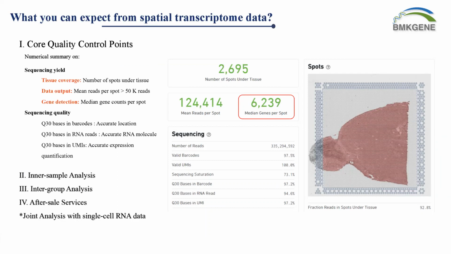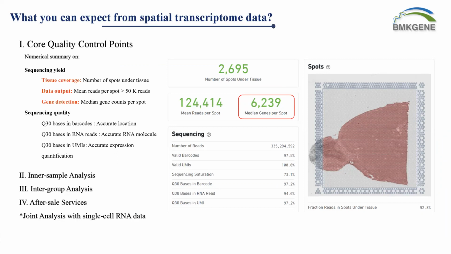And similar to the other sequencing technologies, we are also looking at the accuracy of the sequences, for example, Q30 bases in different parts of the reads in barcodes, which makes sure that we have accurate location. And you can see on each edge of this square, there are some different markers here that tell the software the real localization of this chip and the tissue.